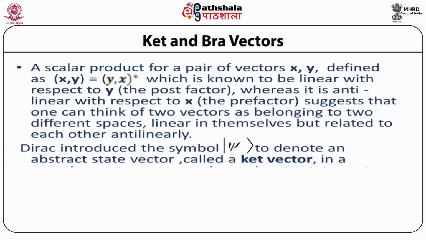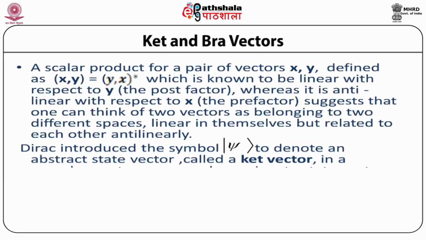And this relation is known to be linear with respect to y, which is the post factor, whereas it is antilinear with respect to x, which is the prefactor, and suggests that one can think of two vectors as belonging to two different spaces, linear in themselves, but related to each other antilinearly.